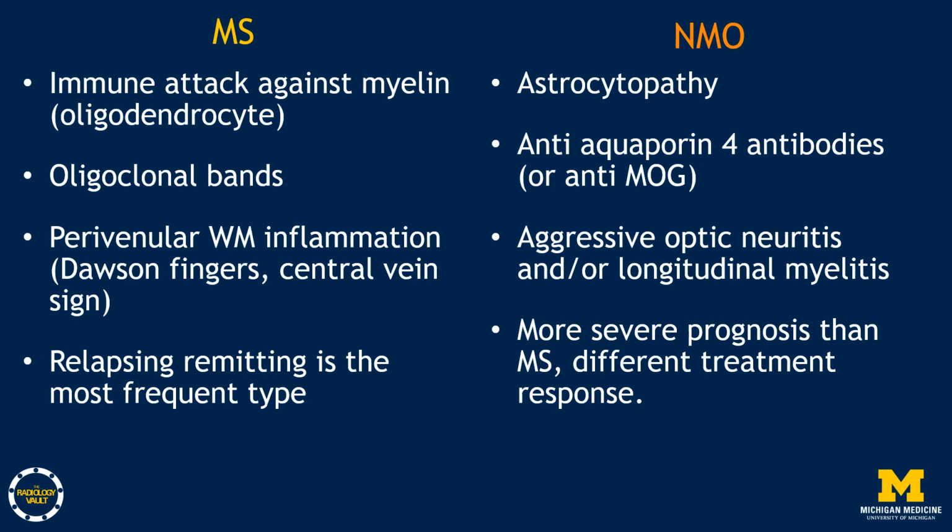In multiple sclerosis, the imaging features include perivenular white matter inflammation, which is manifested as the Dawson fingers and central vein sign that I'm going to show later.